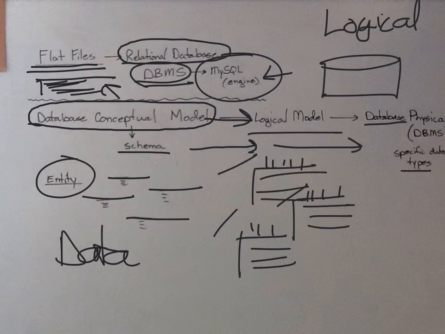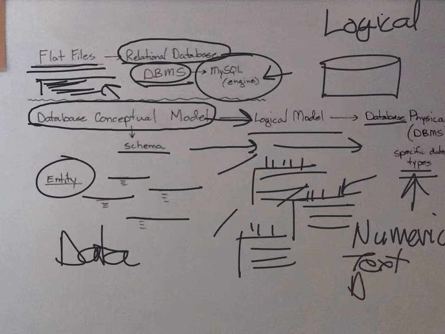But even before that, we worry about each attribute having a type. Okay, so here we're talking about the idea, is it a numeric? Maybe it's a numeric, maybe it's text, maybe it's a date. Okay?